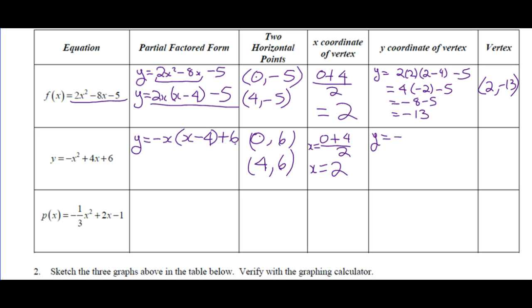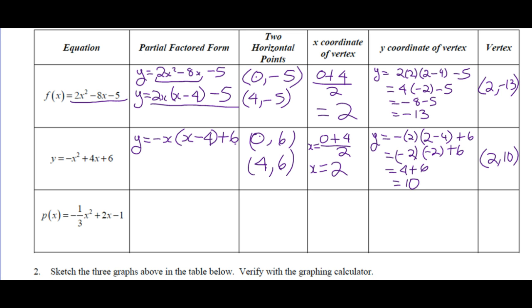So y equals negative, and x is positive 2, so it's negative x, and then positive 2 minus 4 plus 6. It's negative 2 times negative 2, which is 4, plus 6, or 10. So that's at 2, 10.